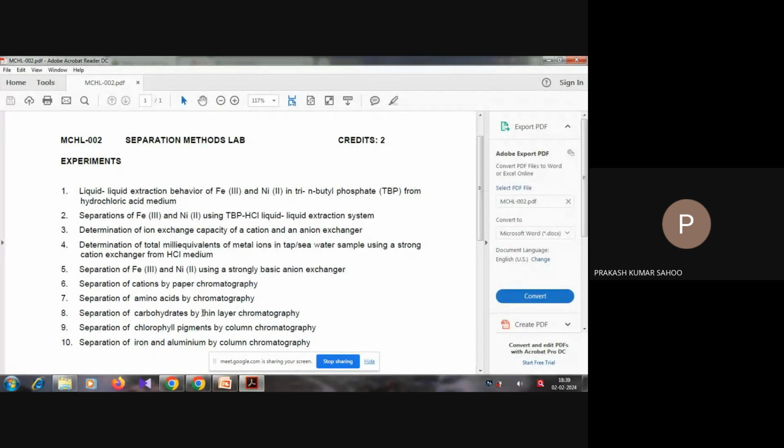So this is your thin layer chromatography, that is number 8. Column chromatography, that is separation of chlorophyll pigments, which was done by Tswett, the first inventor of chromatography. Iron and aluminum by column chromatography. So this is related to your separation techniques.